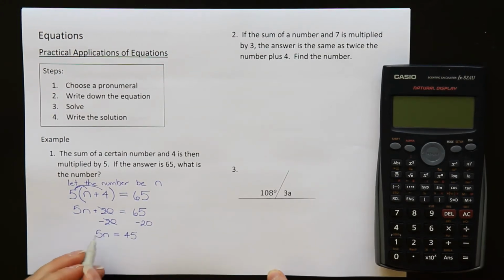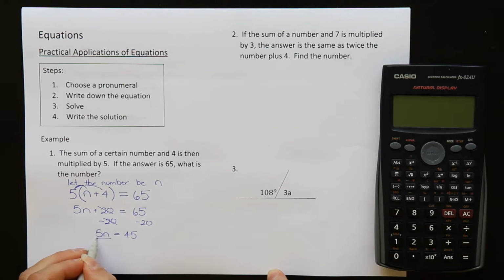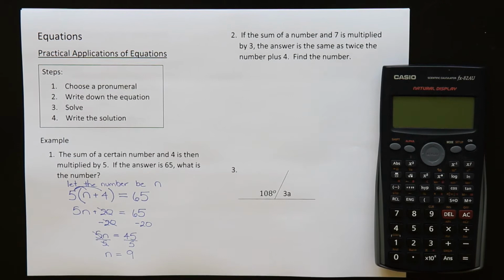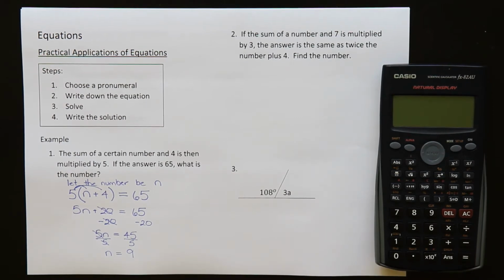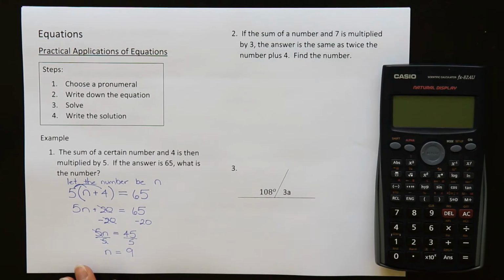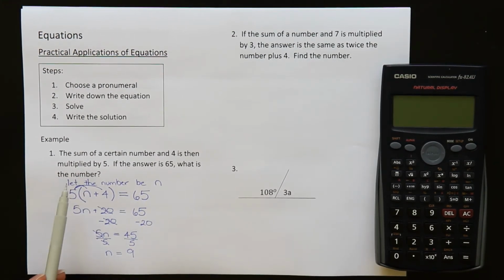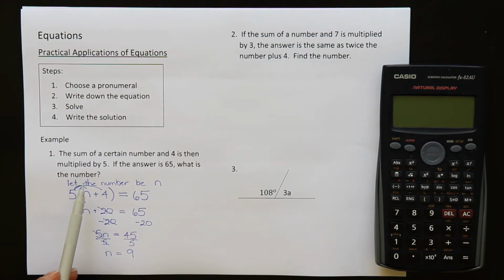Now to move this 5, I'll need to divide by 5, which means n is equal to 45 divided by 5, which is 9. Now in the equations that we've done in previous lessons, that would be where you would stop, n is equal to 9. But in this sentence up here, there was no mention of anything called an n.